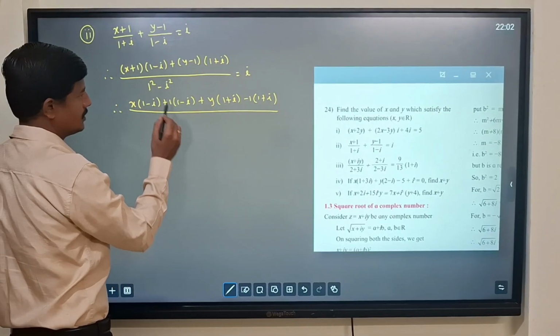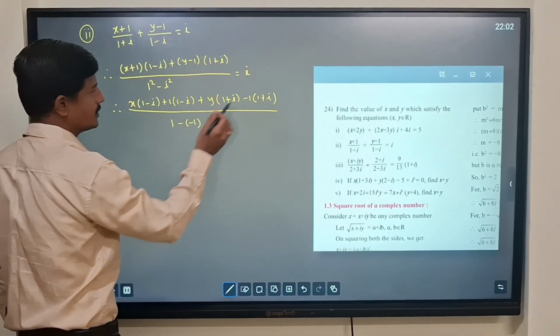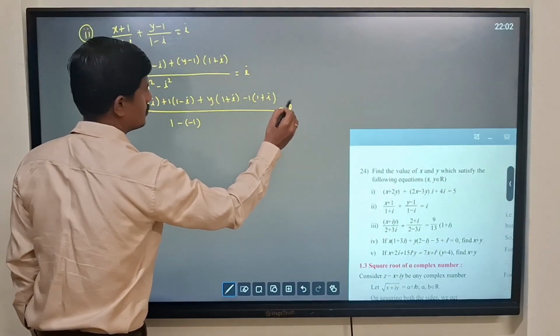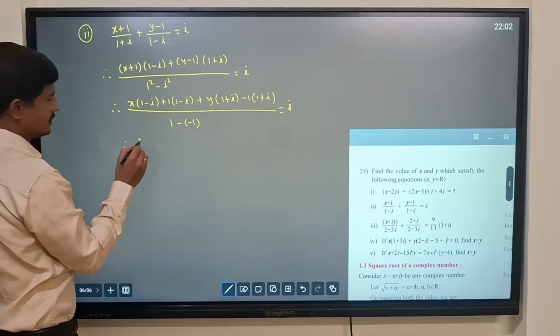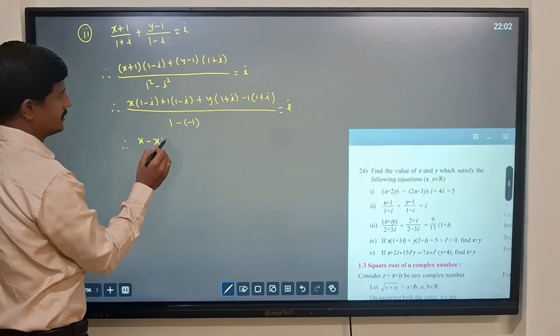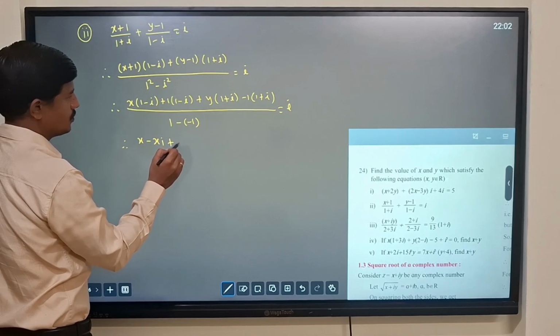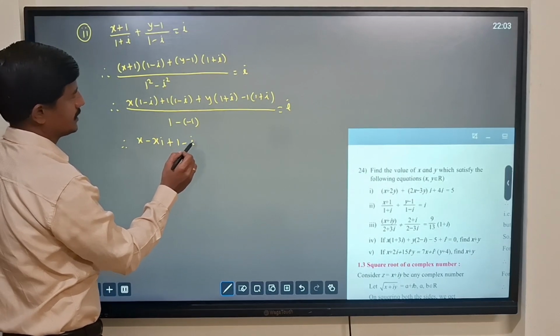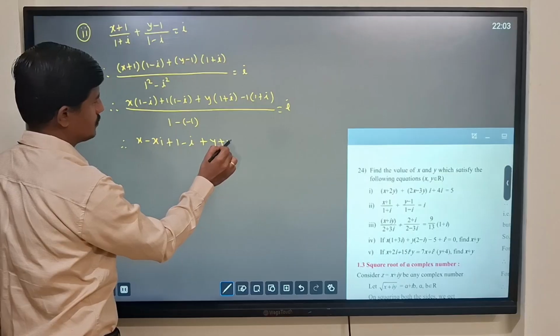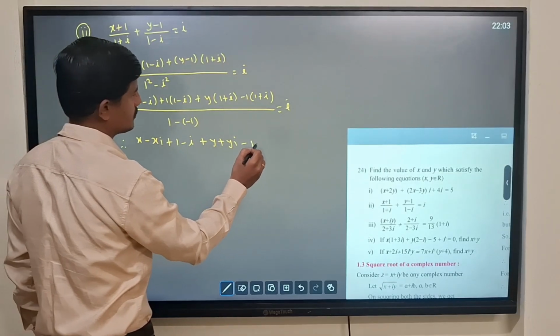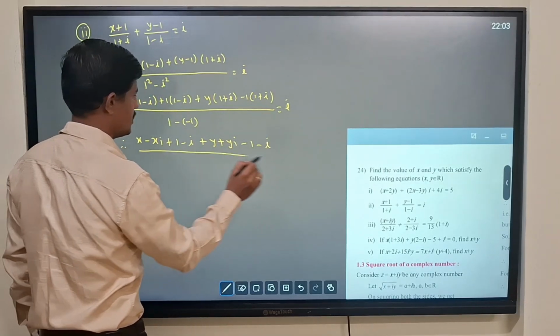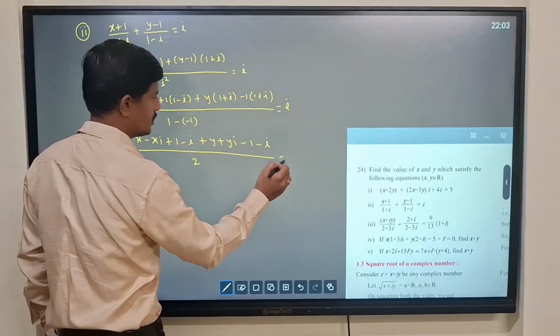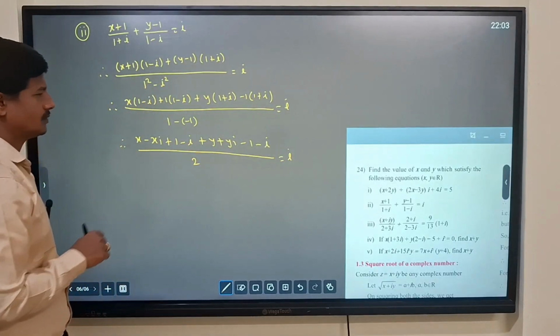This becomes 1, i square is minus 1, equal to i. Therefore this x minus xi plus 1 minus i plus y plus yi minus 1 minus i, upon this becomes 2, equal to i. Minus of minus 1 is plus 1.